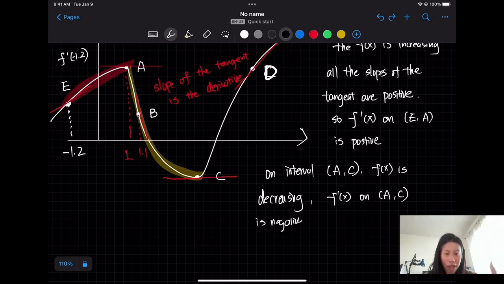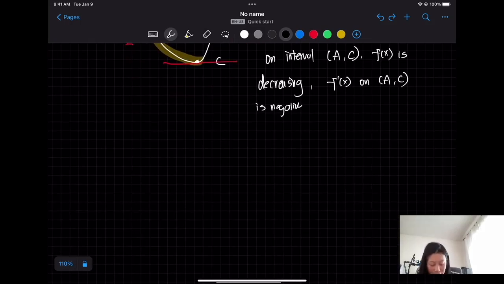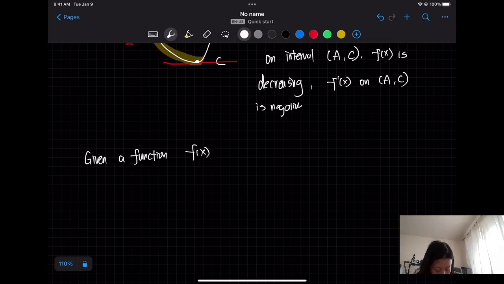Okay, so now let me give you an example about how to estimate the derivative. So let's say, given a function f(x) equals negative 3x plus 8, I want you to find the slope of the tangent line.